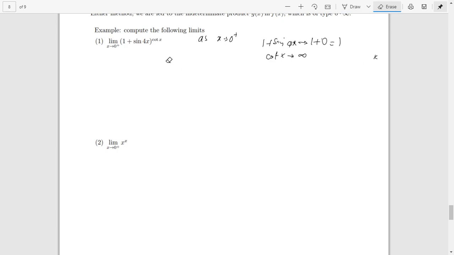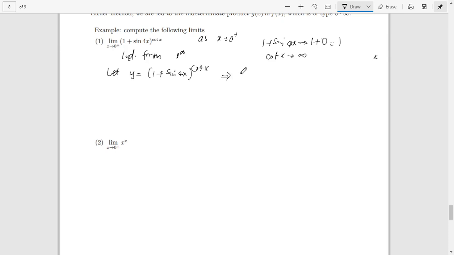So now this tells me that this is an indeterminate form of type 1 to the power of infinity. Now, how do we solve this? Well, we let y be equal to 1 plus sine of 4x to the power of cotangent of x, and then take the natural log of both sides.